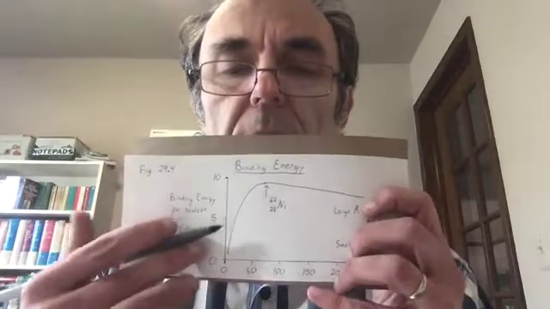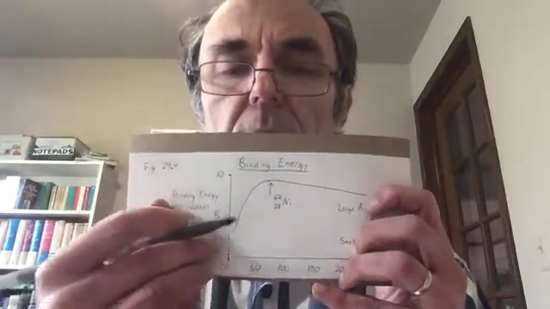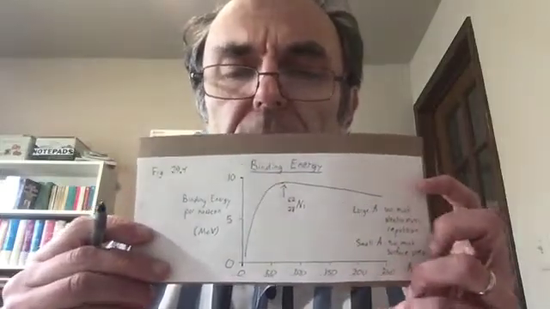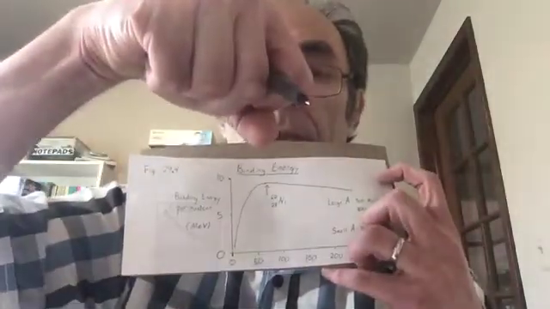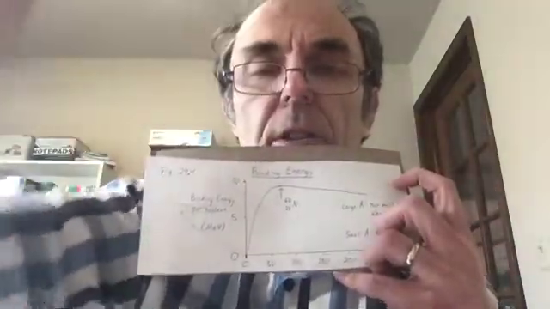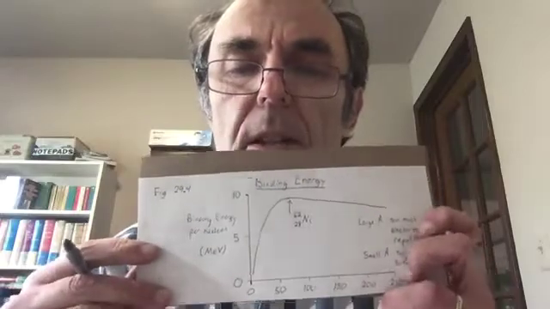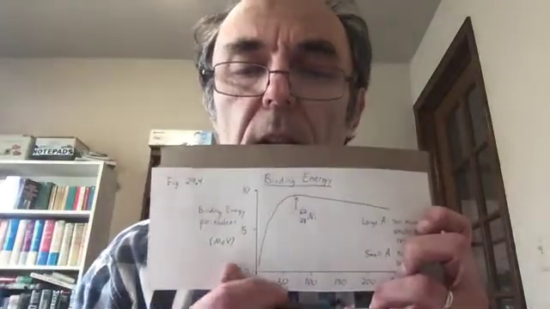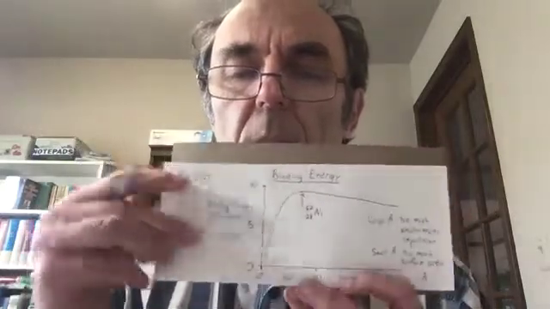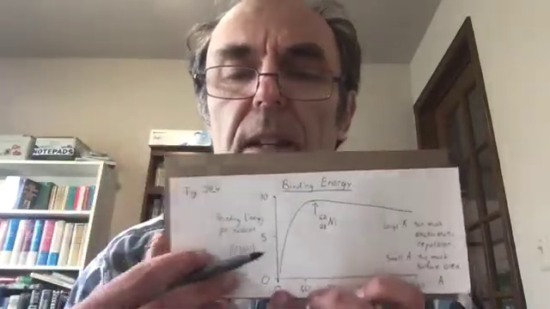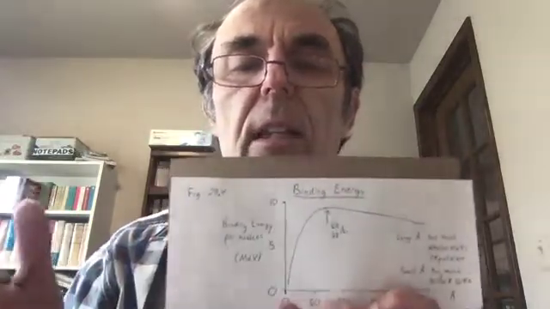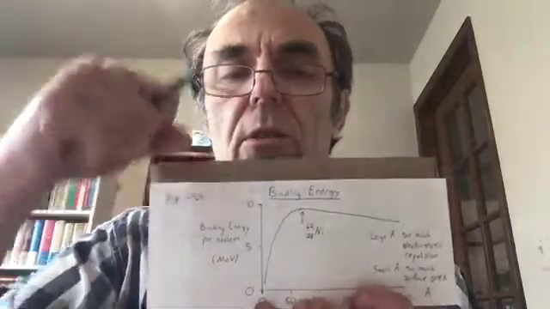Deep inside the nucleus, your protons and neutrons are all surrounded by other protons and neutrons, and that's great. But near the surface of the nucleus, you might have a proton or neutron that's held by some of its neighbors down below, but it's on the surface. There's no holding above. So the surface neutrons and protons aren't held quite as tightly. So you get this surface-to-volume effect, where nuclei on the surface aren't held as tightly as nuclei deep in the volume. For instance, think about helium-4, 2 protons, 2 neutrons.